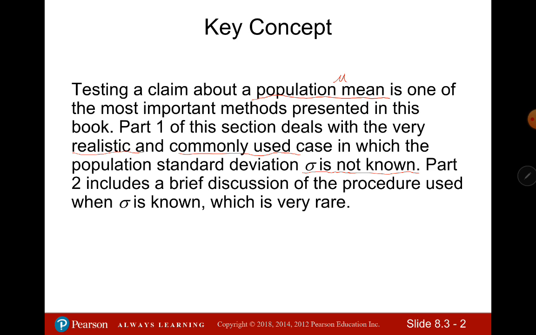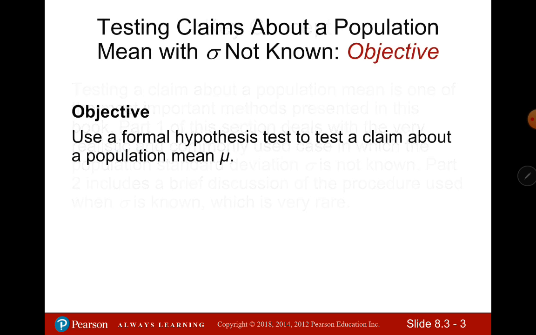So this will be most of the cases. In part 2, we will just talk a little bit about the rare case when sigma is known. We will focus on part 1 because cases with sigma known are very rare.